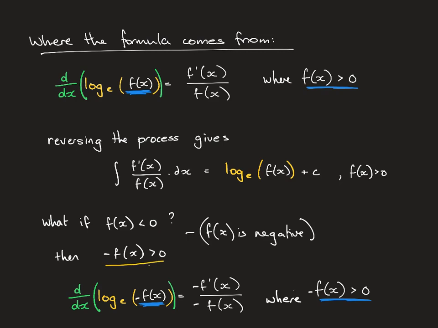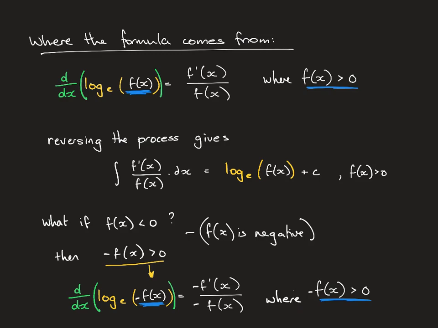So we could put negative f(x) in as our function for f(x). Now, if we do that, what we get, you'll have to trust me here, or you could try it on your CAS calculator, is the negative derivative over the negative original function, and you can see that the two negatives will cancel down to just give us this original formula that we had back up here at the top.